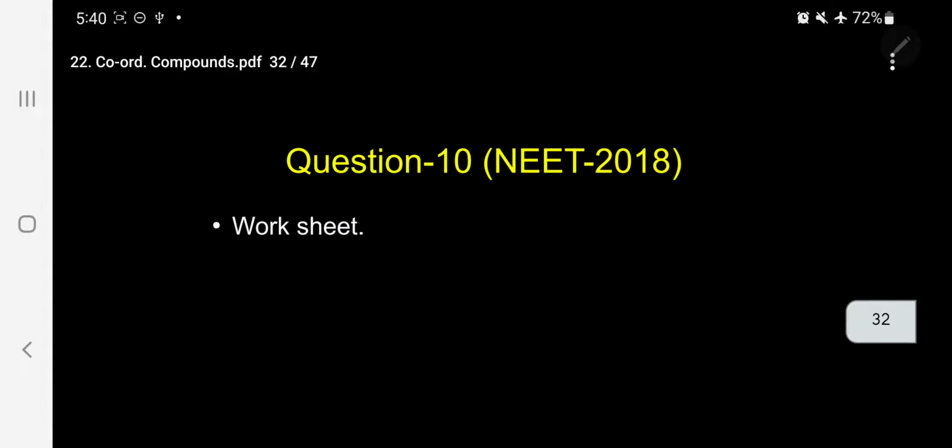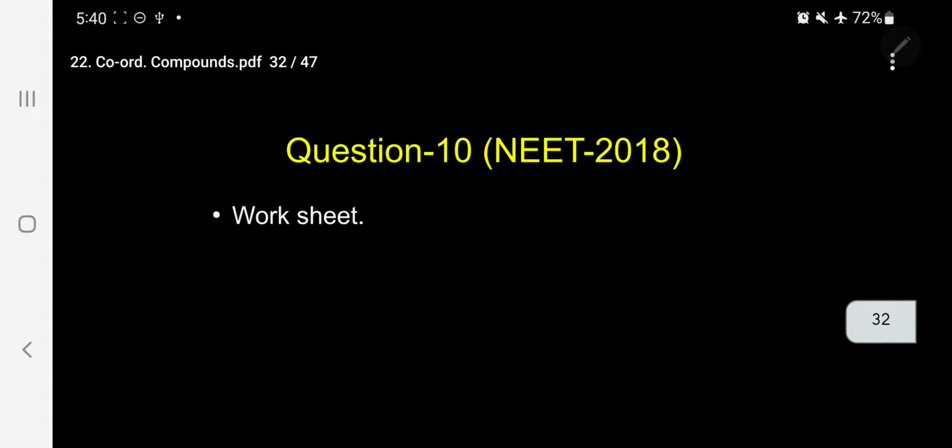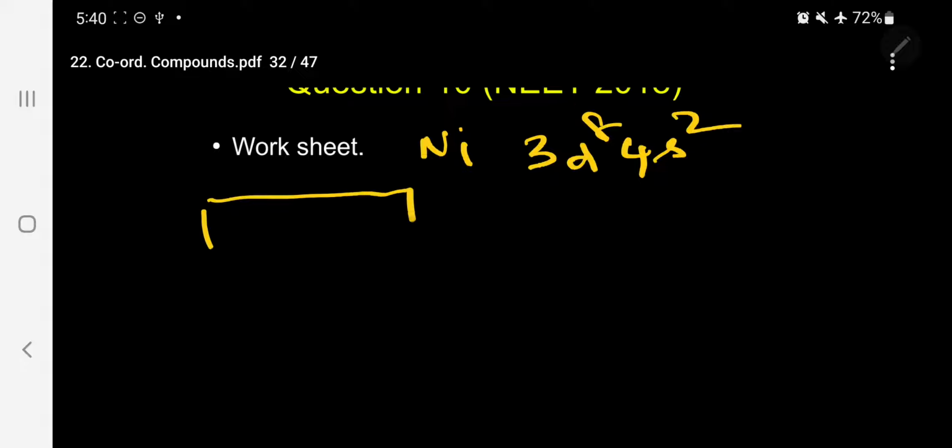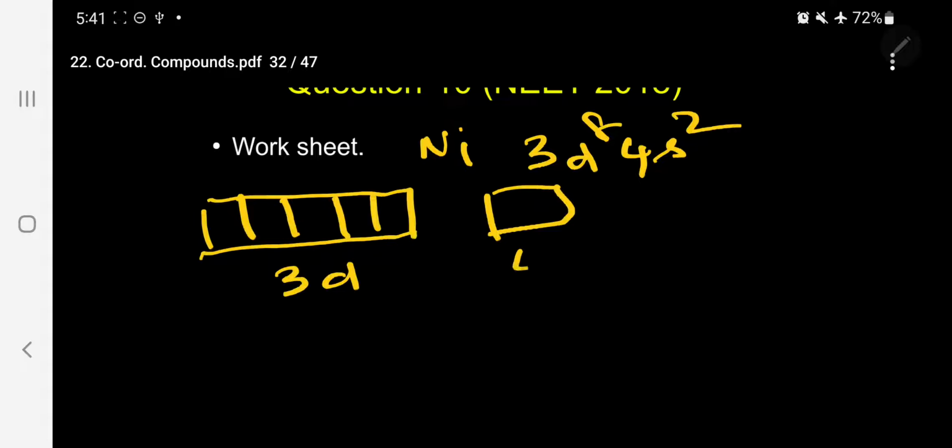Let me take now, in the worksheet, what is the complex nickel tetracarbonyl. So nickel tetracarbonyl, what is nickel? Nickel, the configuration is 3d8 4s2. Please follow. So I will write in the form of the conventional method of representing these, 3d, 4s, and 4p.